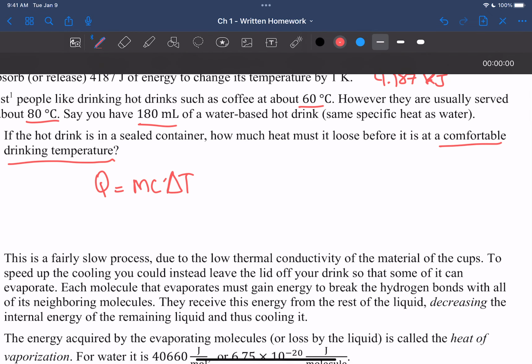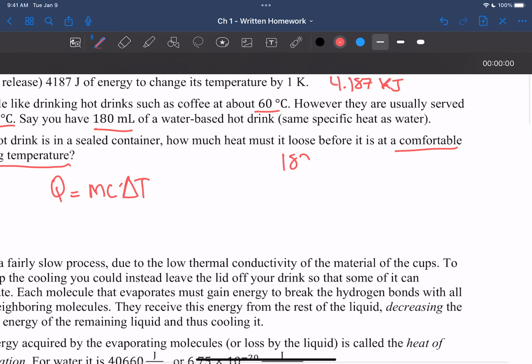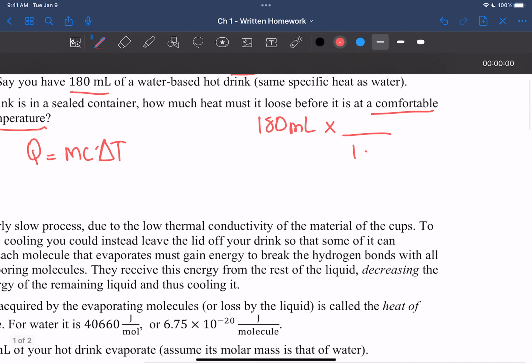Those 180 milliliters, we can convert those to kilograms, right? So 180 milliliters, there's a conversion factor, if you remember this from the density chapters: 1 milliliter is the same as 1 gram, right?